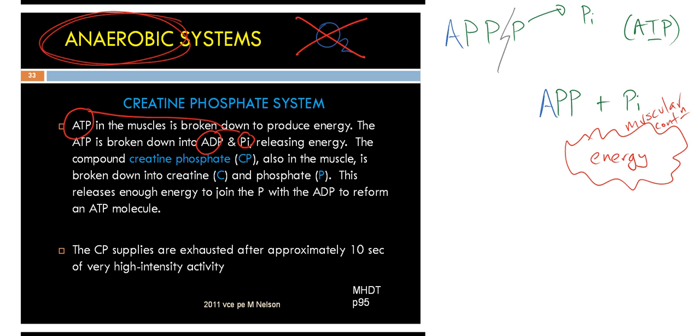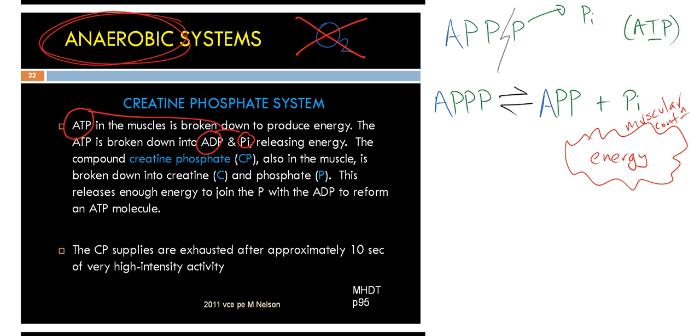Quite often we'll see it written in this form. What this means is that adenosine triphosphate will be broken down into adenosine diphosphate plus the inorganic phosphate and energy for muscular contraction.